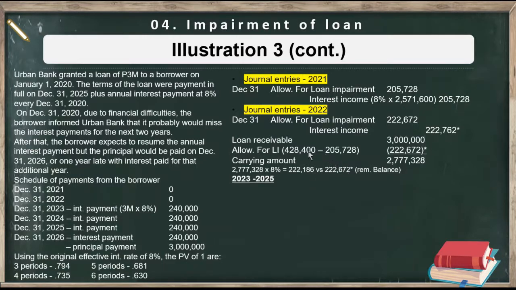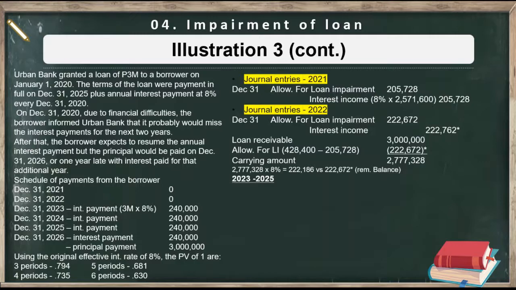Okay? So, the last adjustment should be 222,672 to close the 428,400. So, let's check. If the amount we use is 222,186, so that's 428,400 minus 222,186.